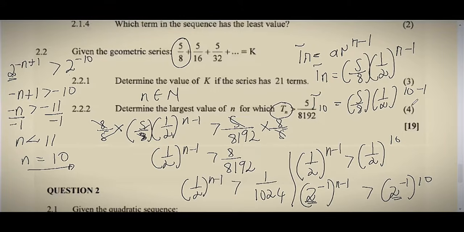So if we punch that, that's 5 over 8, multiplied by 1 over 2 to the exponent of 10 minus 1. So the value that we are getting from that one is 5 over 4096, right? So which is greater than this value here.